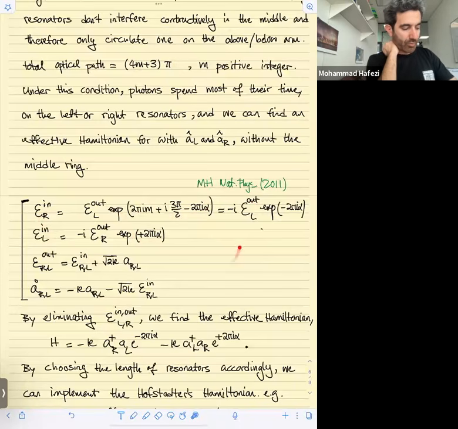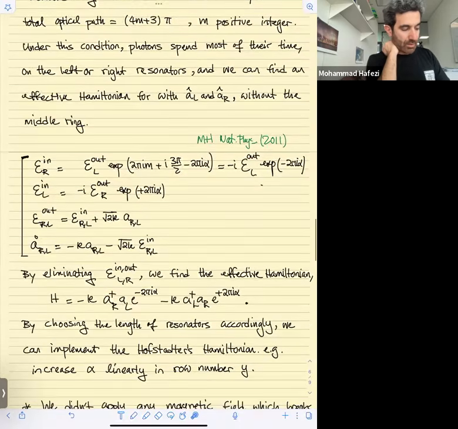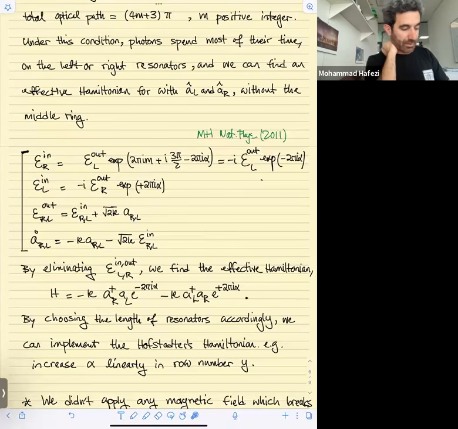If you solve these equations, then you can convince yourself that the equations of motion that correspond to this will be effectively two resonators that are coupled to each other, and they have this phase that we were looking for. So if I now look at the Heisenberg equation of motion for this H, it would give me these things if I eliminate these EL ones.